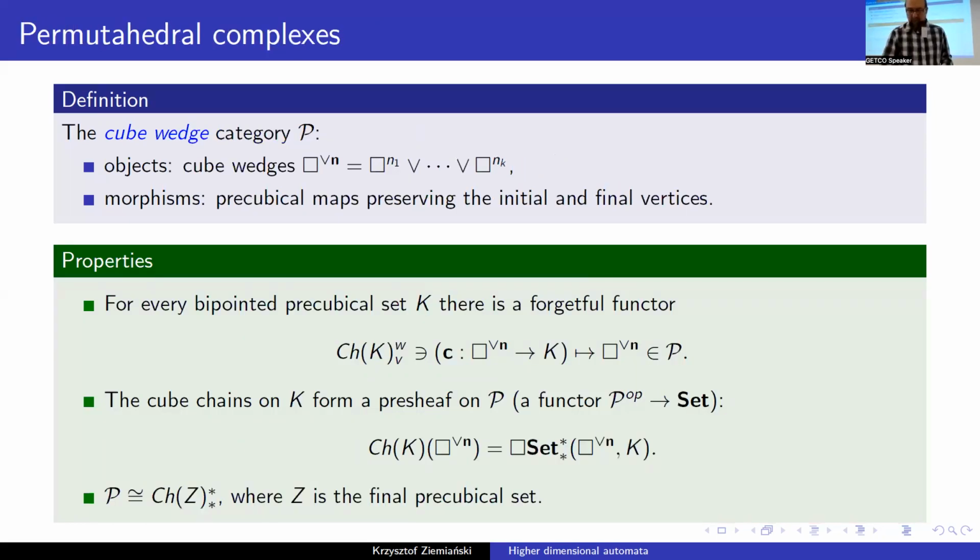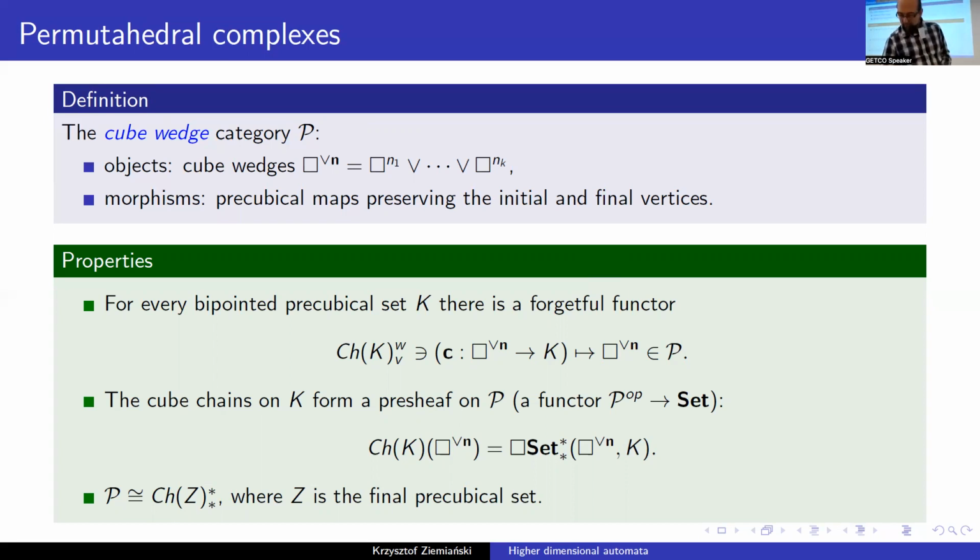So now let's try to understand these cube wedges. Cube wedges in themselves also form a category, which is the same as a category of cube chains over the final precubical set, which follows from categorical abstract nonsense. And so it means that there is a combinatorial structure on the category of cube chains. It can be regarded as a presheaf over the cube wedge category.